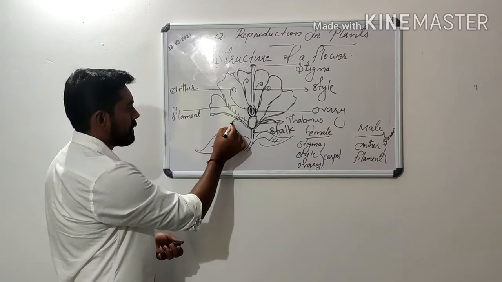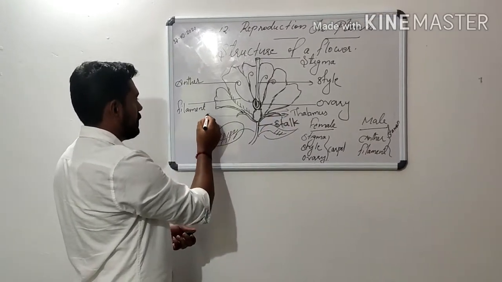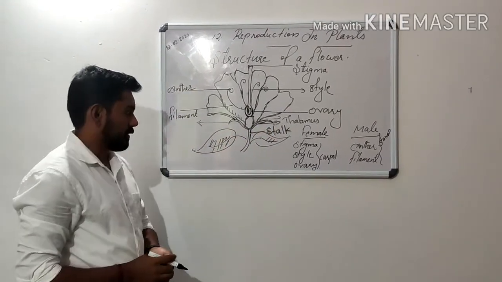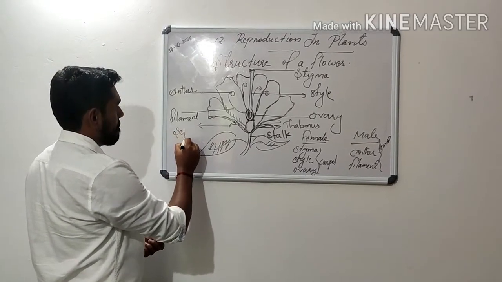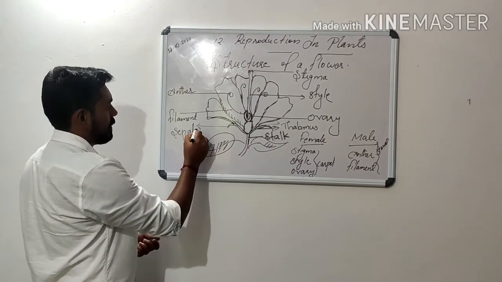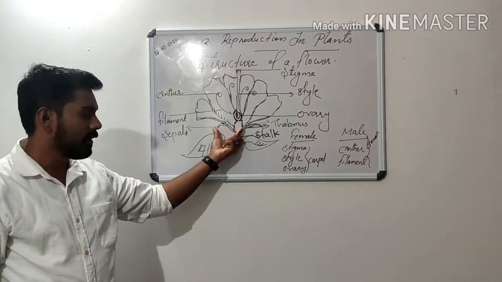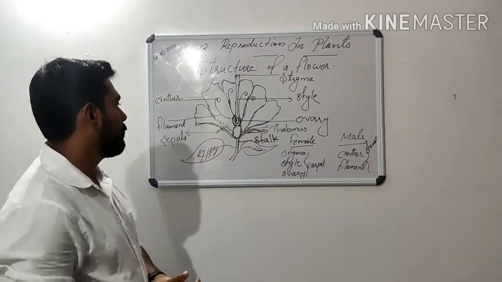You can also see that there are two leaf-like structures found in the flower. These are called sepals. The sepal is the green leaf-like structure of the flower.